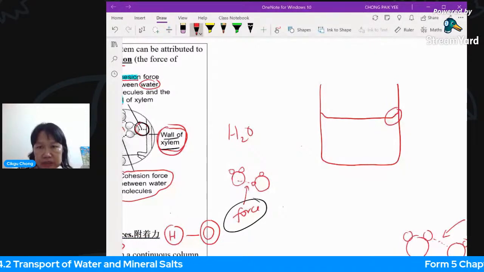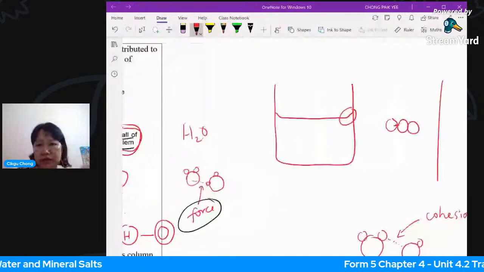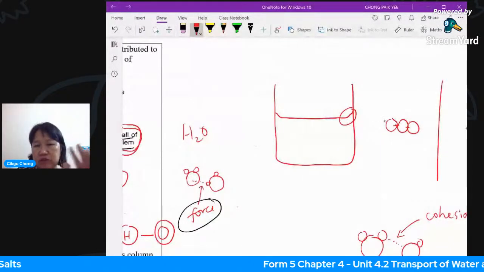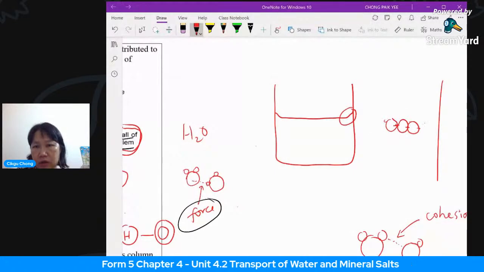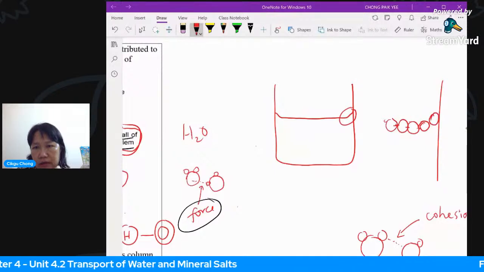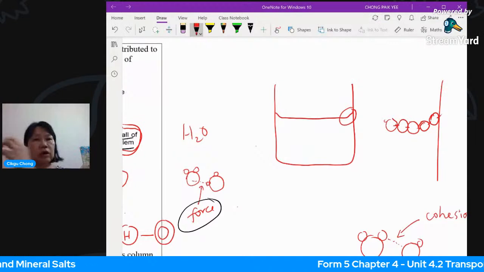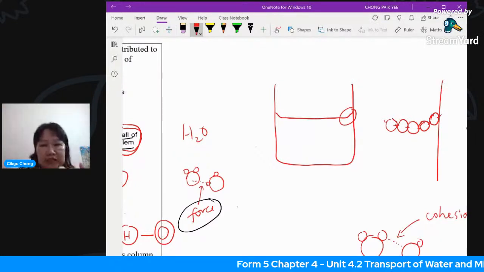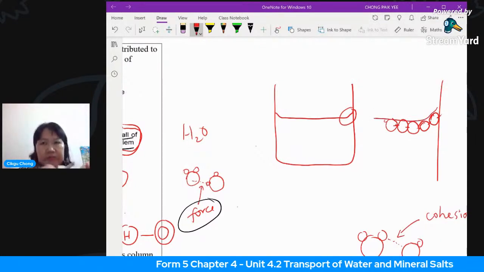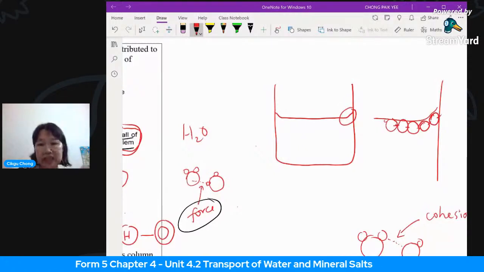Now this is cohesion between water molecules. I'm just showing the oxygen, I'm not showing hydrogen. So here, your water will be pulled to the wall. The one that's nearest to the wall will be pulled up. That's why you can see there's a curve here. So this is the adhesion force.